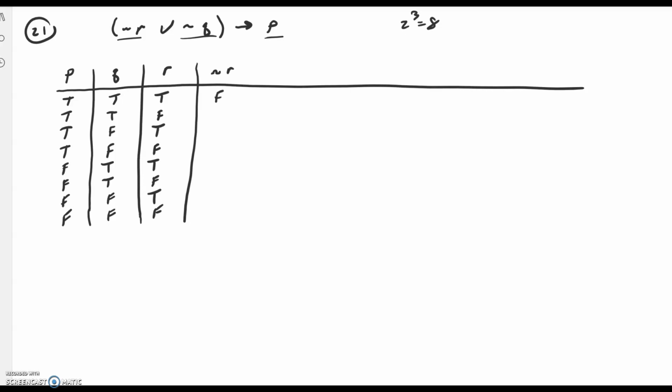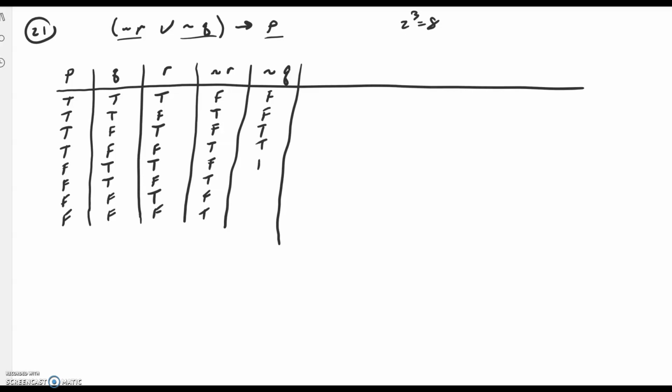And it's just simply the reverse. And let's do a not Q. And so it'll go false, false, then a couple of trues, a couple of falses, a couple of trues.